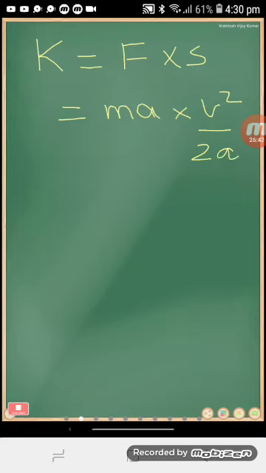So from here we get A being cancelled out. As a result, we are left with half mv square. This is equal to K.